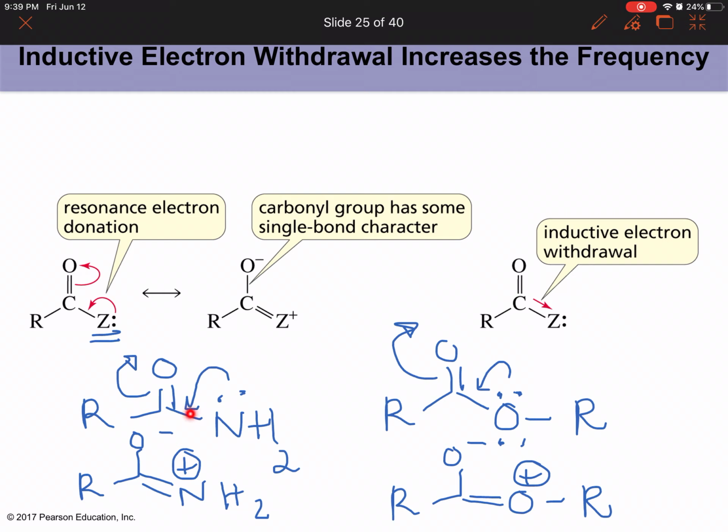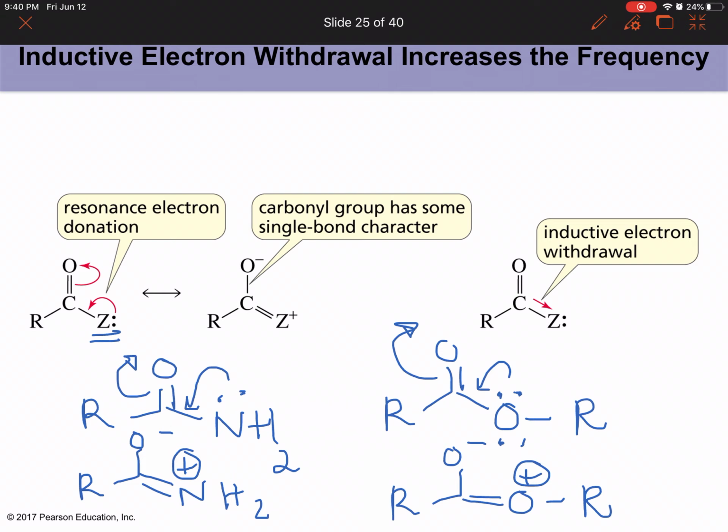So if you donate electrons, what's going to happen? You're going to have this resonance stabilization, and the bond is going to be between a single and double bond. So the frequency would be lower, right? Yeah, because it's single and double.